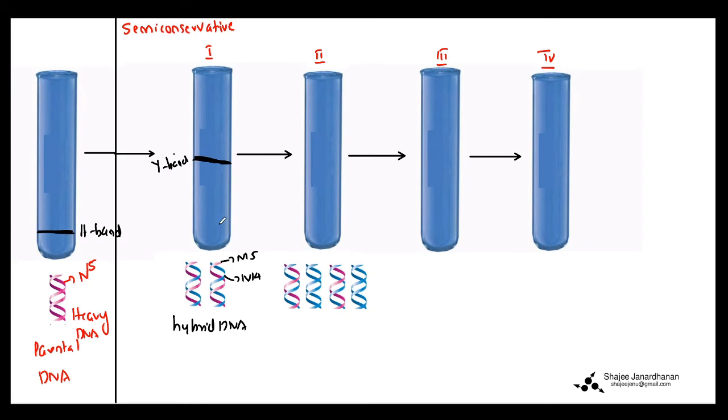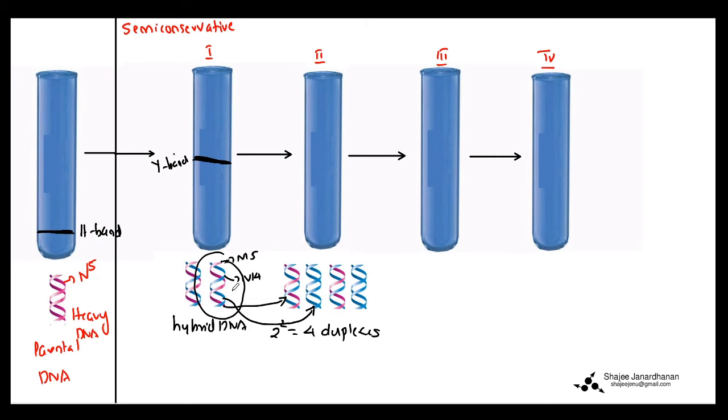Now coming to the second generation, there will be 4 daughter duplexes formed. So from this first generation, how many daughter duplexes will form? If you consider this daughter duplex alone, its heavy strand can actually give rise to a hybrid one, because the complementary strand will be of the lighter N14, whereas the light strand of this duplex will incorporate another light strand during the next round of replication.